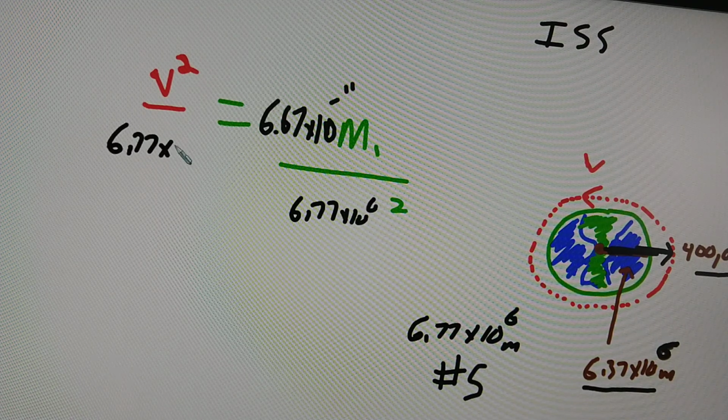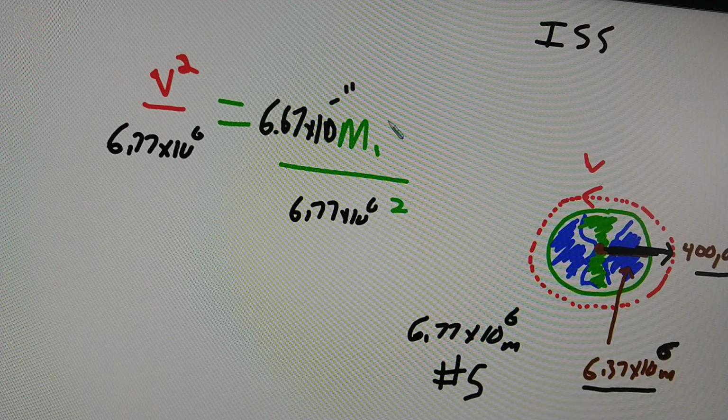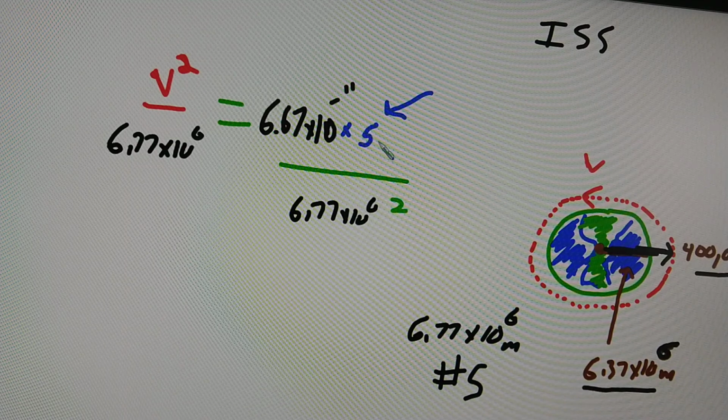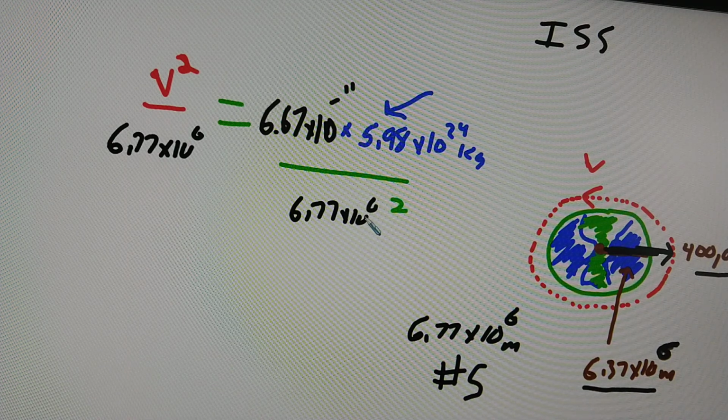And we need to insert one more number if we're going to solve for V. And that number is the mass of the planet Earth. You have it on your chart, but I'm going to go ahead and give it to you. The mass of the planet Earth is 5.98 times 10 to the 24th kilograms. These are in meters. This is in meters.